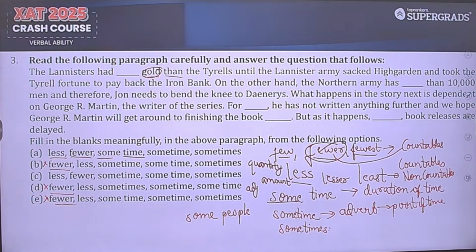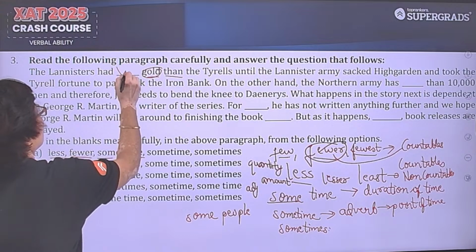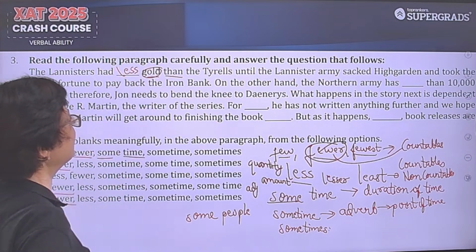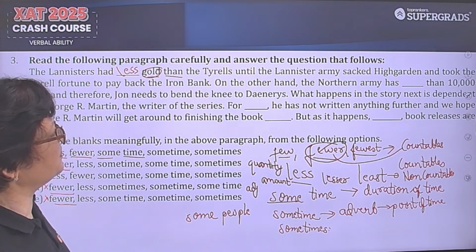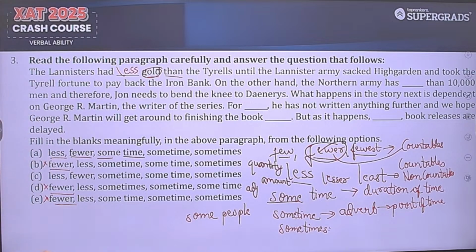Because fewer will not be a correct word to be used as an adjective in front of gold, which is a material noun. So the Lannisters had less gold than the Tyrells until the Lannister army sacked Highgarden and took the Tyrell fortune to pay back the Iron Bank.